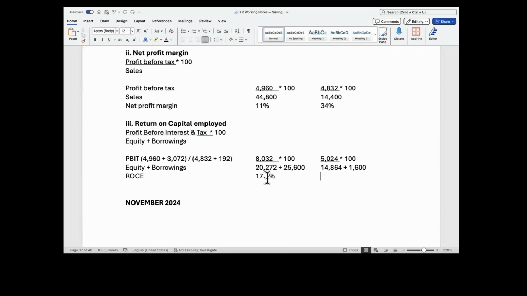If you approximate, that should be 17.4. Okay. How about 2023? 31%. Thank you, Balkis. 31%.